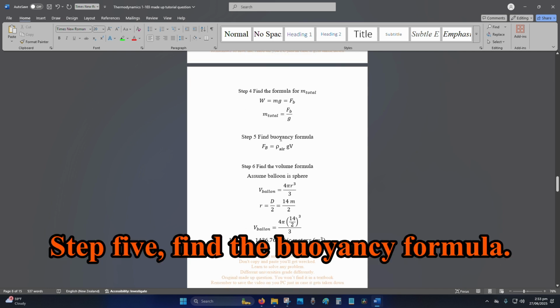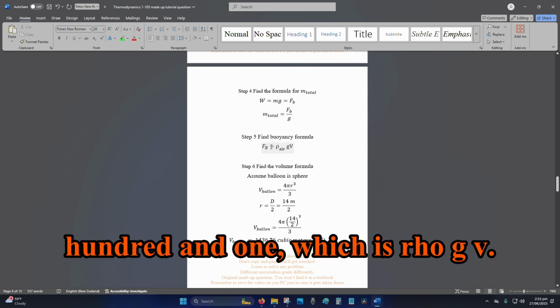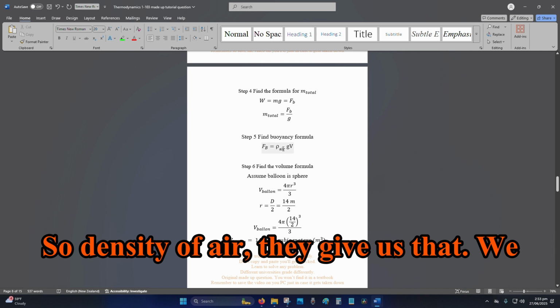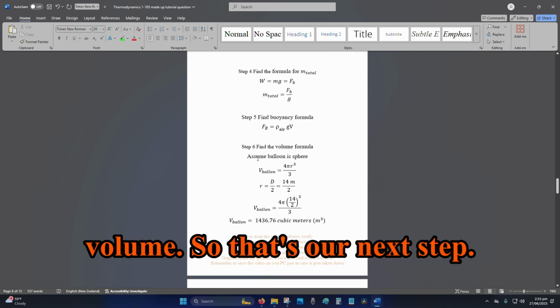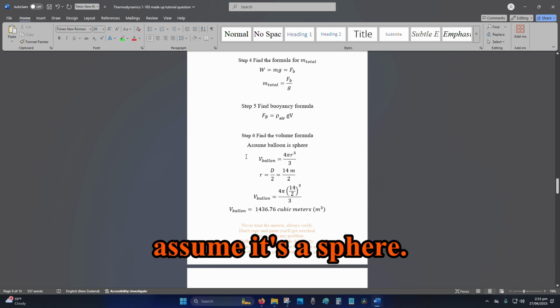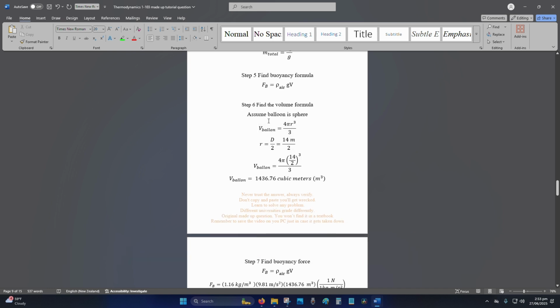Step 5, find the buoyancy formula. They give it to us in question 1-101, which is rho GV. So density of air, they give us that, we assume gravity, so we're missing volume, so that's our next step. Step 6, find the volume formula. We assume it's a sphere, and we will work it out straight away.